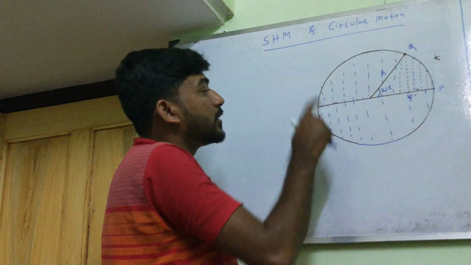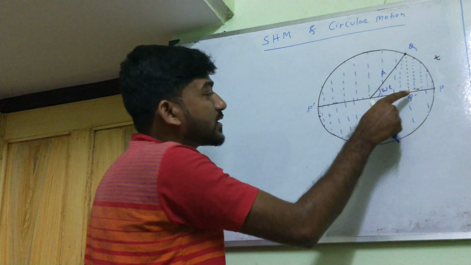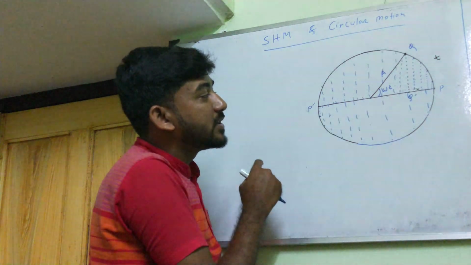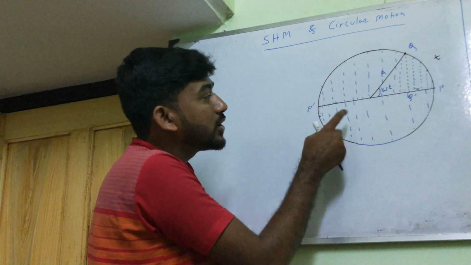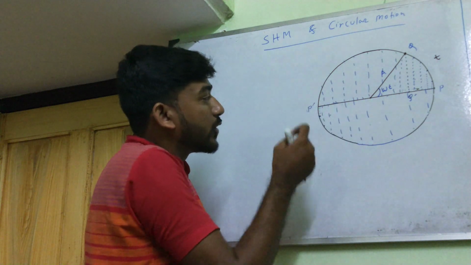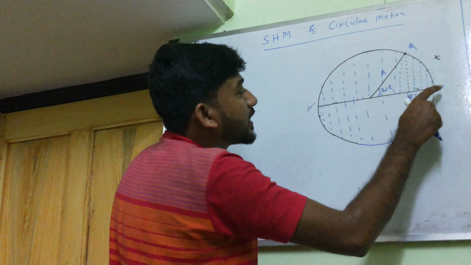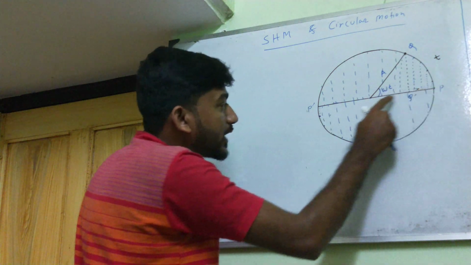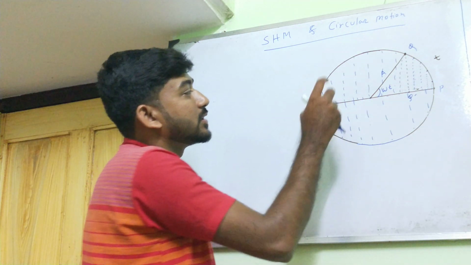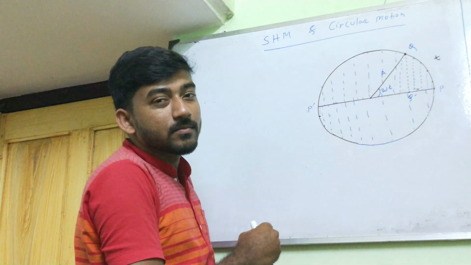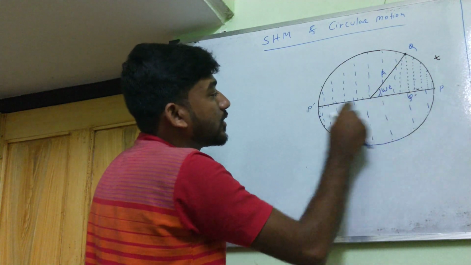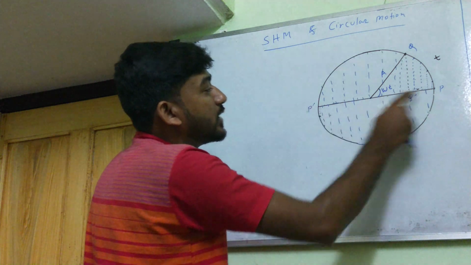So if we now concentrate on the projection of the particle which is going along the diameter, we will get all the information of kinematics from this particle. And when we derive the kinematics of the particle which is going along the diameter, we will have derived the kinematics of the SHM, because the projection of this particle goes along this diameter, so it will execute SHM.